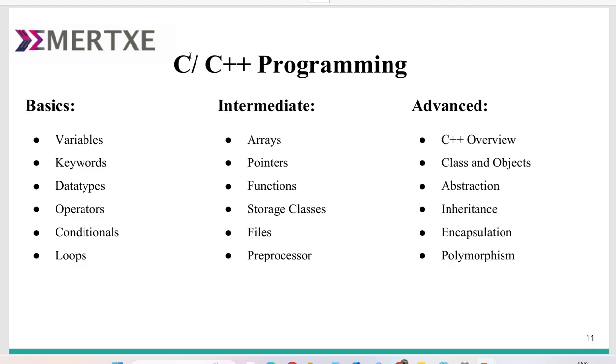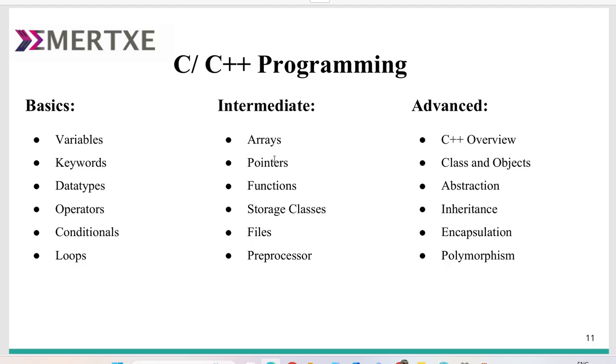When we learn C or C++, we start with basics like variables, keywords, data types, operations, conditional loops. In my internship program, I will learn C and C++ from basics to intermediate to advanced.